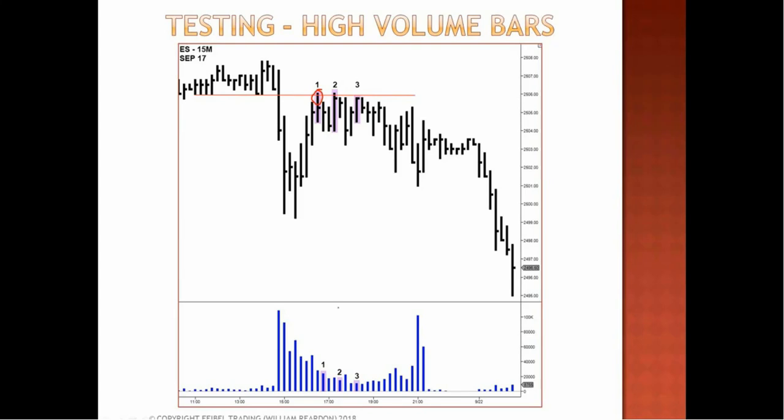And then the next push up, volume decreases, and then the next push up, volume decreases at 3, with sellers making themselves present on this bar with this volume. So this is how we get good at trading, by piecing all these elements together. So now, if we go back to this bar here, bar B, it becomes a no-brainer.